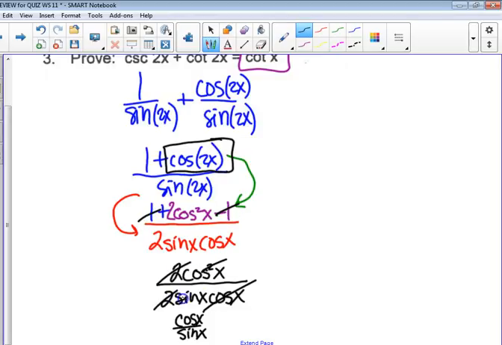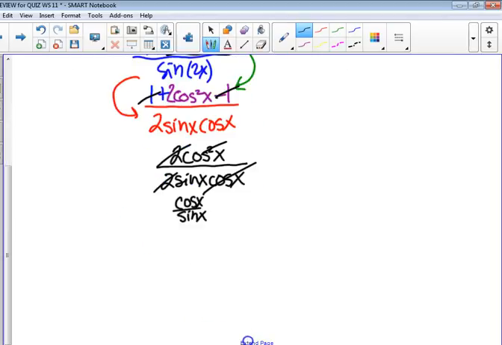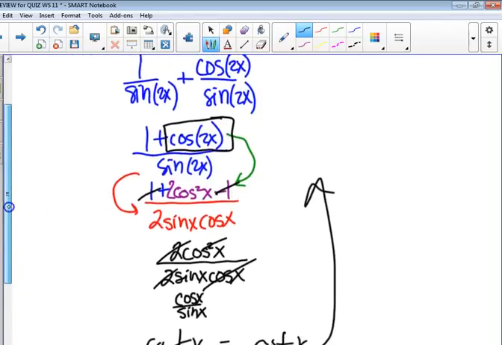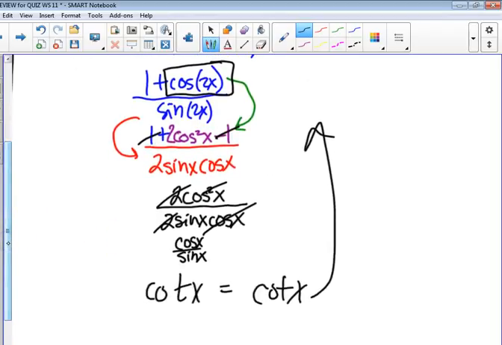And then because there was no more adding or subtracting, then we could start canceling things. Does that make sense? Cosine over sine, which became cotangent, which is equal to cotangent that was way up there on the right-hand side. Everybody okay?